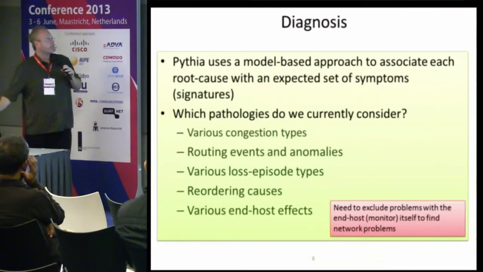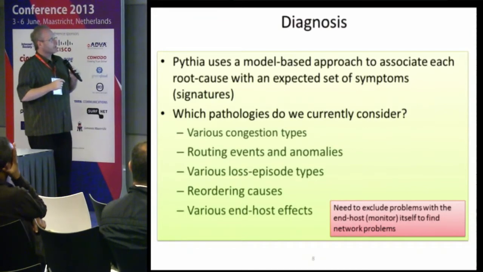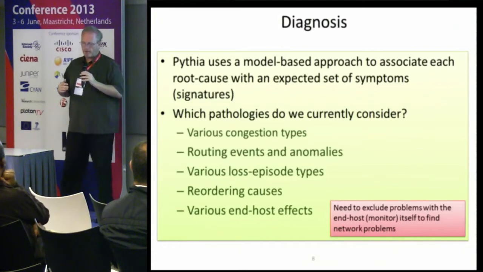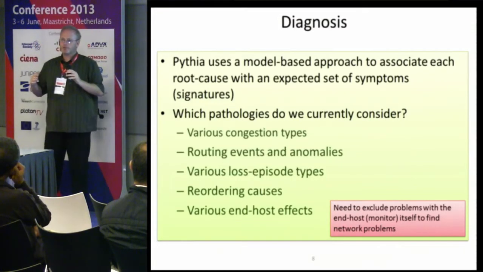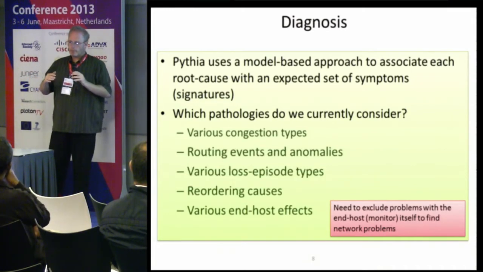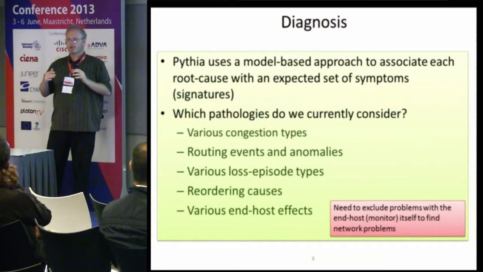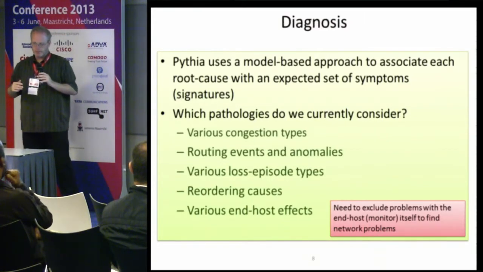And then once a problem's detected, the Pythia algorithms look at the signature of that symptom. What I mean by that is we've got a whole bunch of examples coded into the program, where you've got a certain combination of events, certain losses or reordering, or a certain signature of changes in delays.